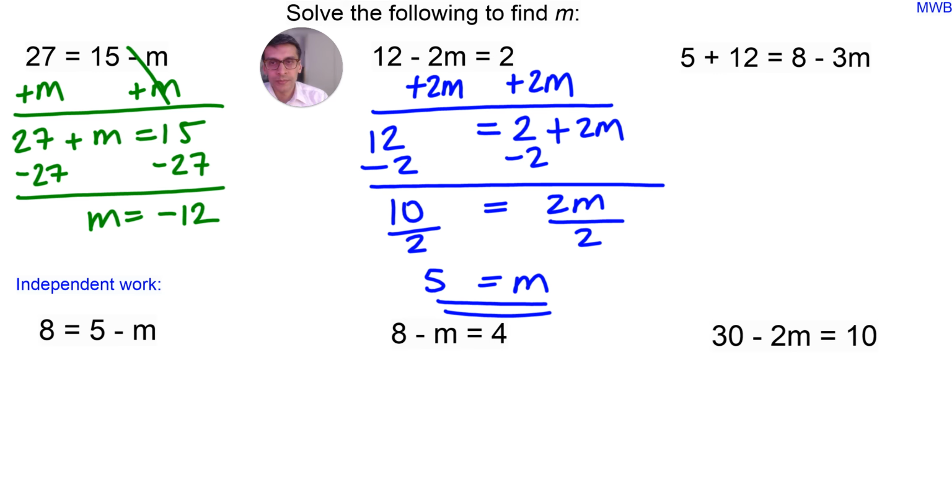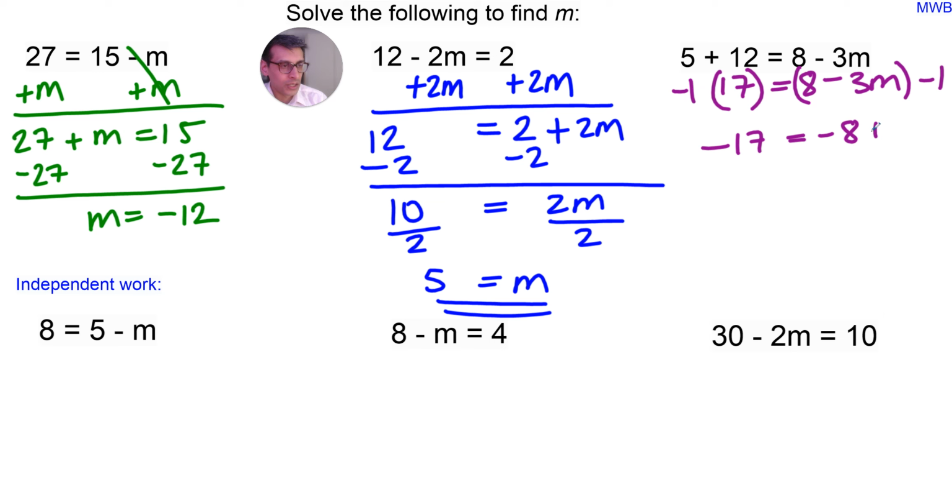Question 3. Now I've got negative 3m here. Now the 5 plus 12, we can just add that up straight away. So we don't need to do anything with that other than 17 is equal to 8 minus 3m. I'm now going to multiply both sides by negative 1 just to get some practice in with that method. So brackets negative 1. So negative 17 is equal to negative 8 plus 3m.